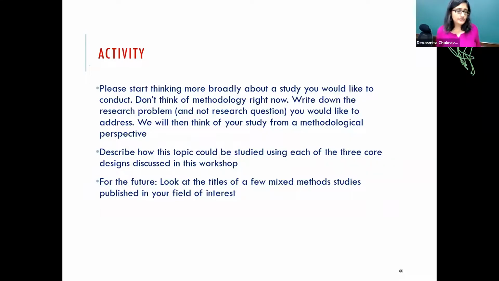This is really useful: describe how this topic could be studied using each of the 3 core designs discussed in the workshop, like how I gave you a case 1, a case 2, and a case 3. Whatever topic you thought of, try to write a research question using the convergent approach. A second research question, or you don't even have to write a research question. You can describe how you will do it.